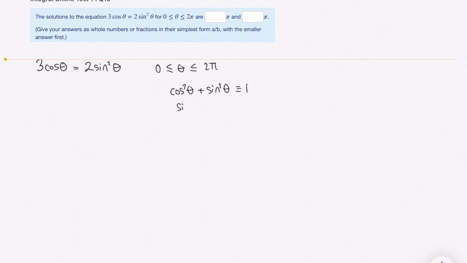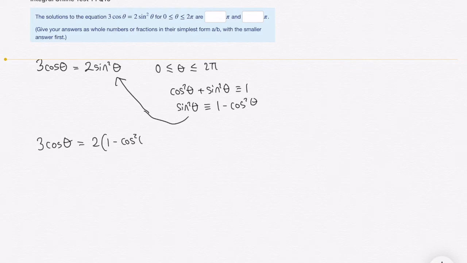So we know that sine squared theta is identical to 1 minus cosine squared theta, and we make this substitution here. So making that substitution, we get 3 cosine theta equals 2 lots of 1 minus cosine squared theta.